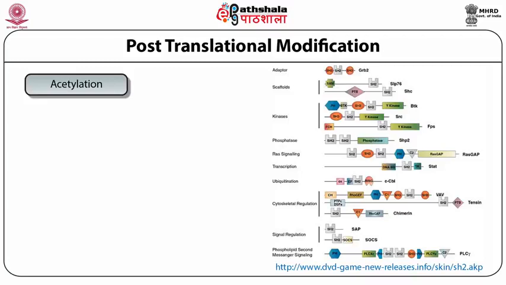Another important post-translational modification of a protein is mediated through phosphorylation, which always couples with the addition of a phosphoryl group. In biology, phosphorylation and its counterpart dephosphorylation are critical.